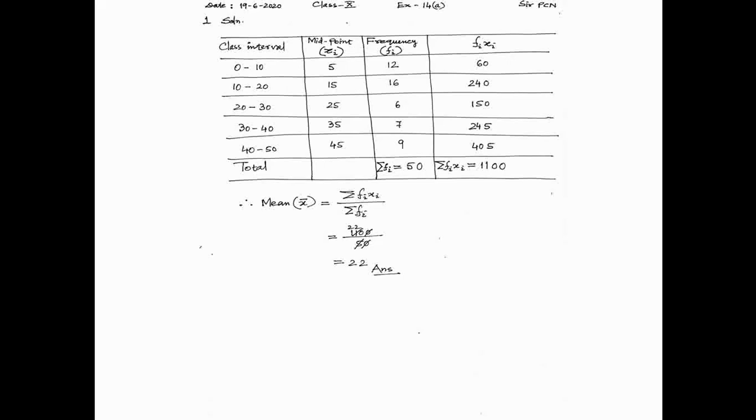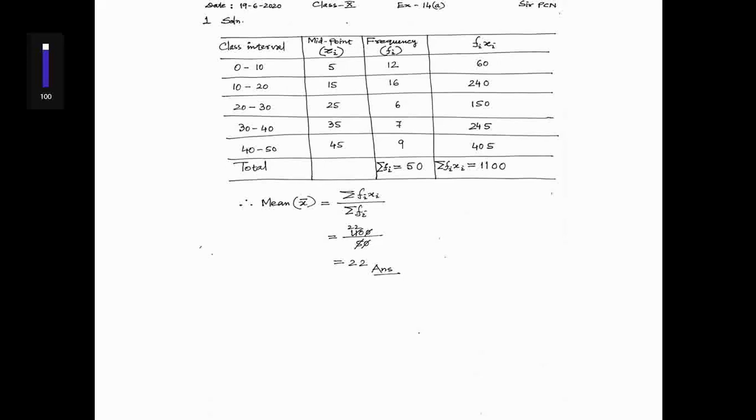Now you have to find out the mid value or midpoint of this class interval. 5 is the mid value of the class interval 0 to 10. 15 is the mid value of the class interval 10 to 20. In this way, all the mid values are written. Then the frequency is given in the question: 12, 16, 6, 7, 9.